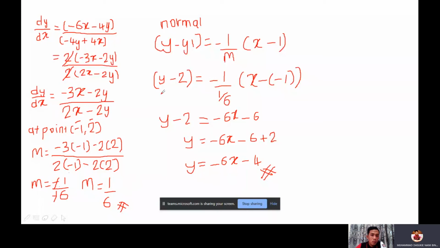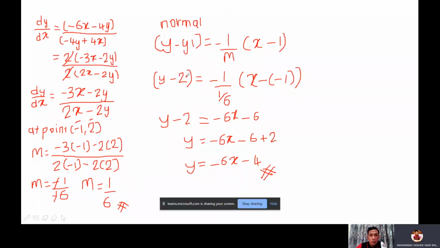Now, based on the question, we want to find the normal to a curve. The formula is y minus y1 equals negative 1 per m, open bracket, x minus x1, and close bracket. So for y, we write again y minus 2. 2 is for y1.